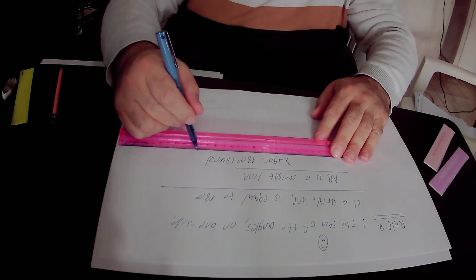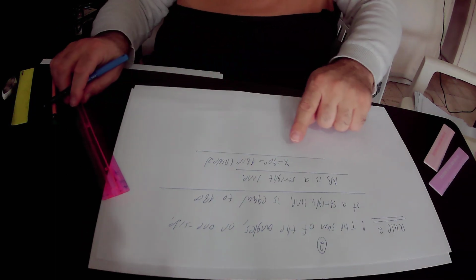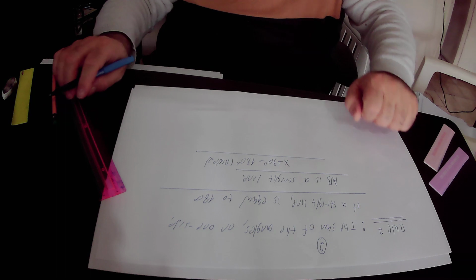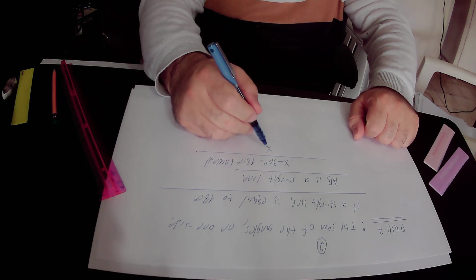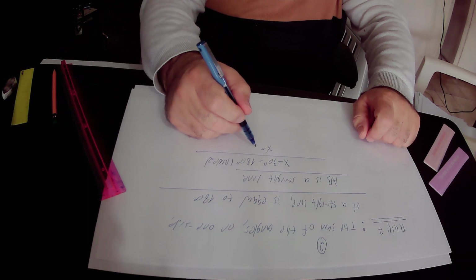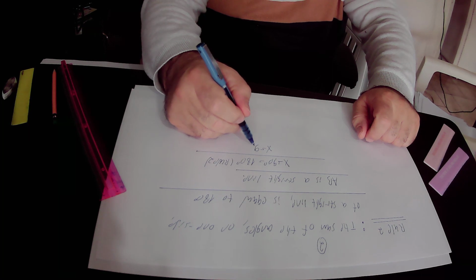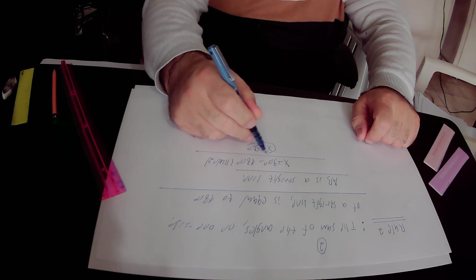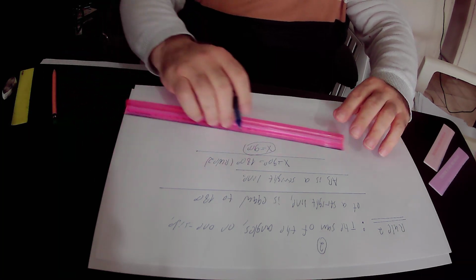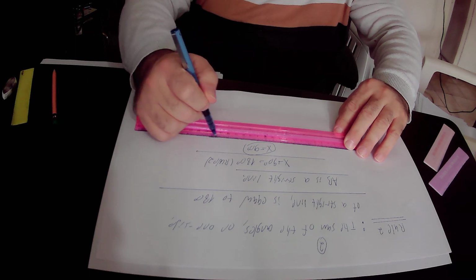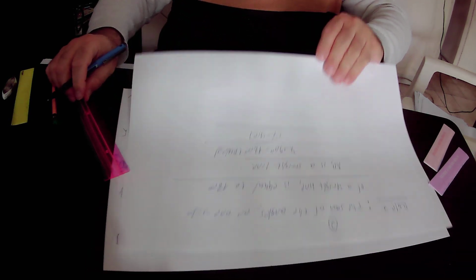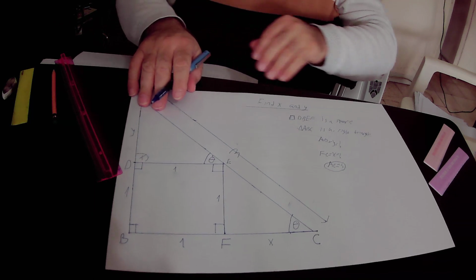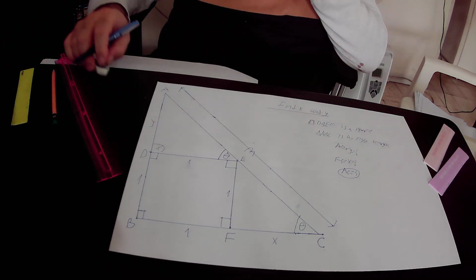So here we will subtract 90 degrees from this equation and we will get that angle X equals 180 degrees minus 90 degrees, which is 90 degrees. So we found out that angle X is a right angle, it equals 90 degrees. So I'll substitute angle X by a right angle.